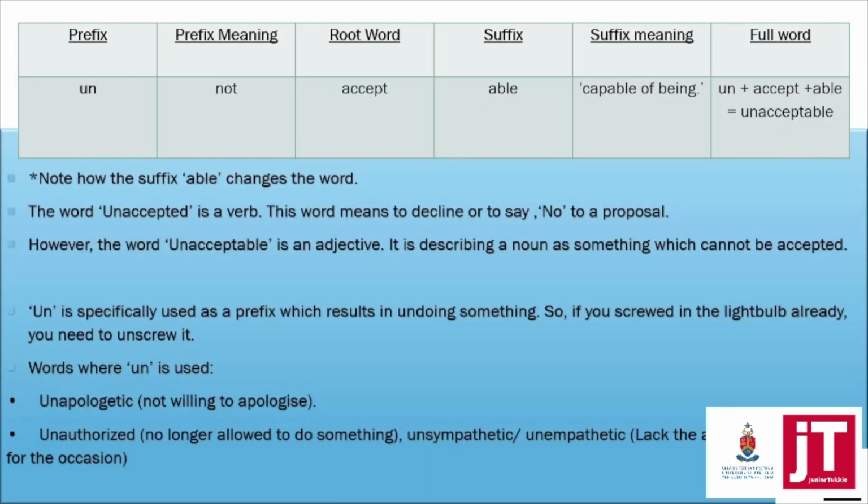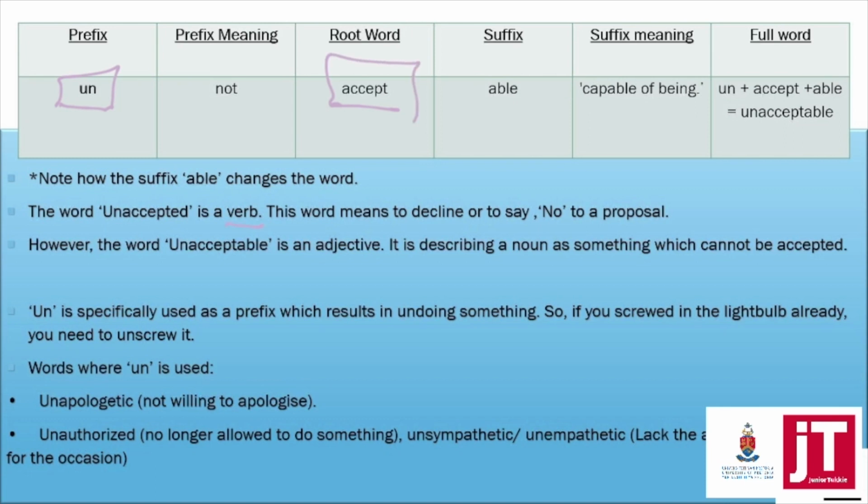Another important thing that we need to note is that these prefixes and suffixes have the power, particularly suffixes, to change the meaning of the word in terms of its part of speech. So let's look at our original example. We've got accept here. The word unaccept, the prefix plus the root word, is a verb.